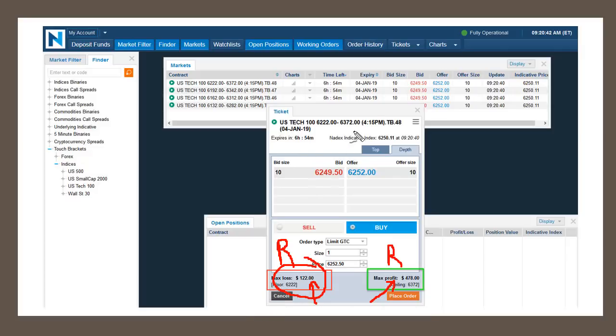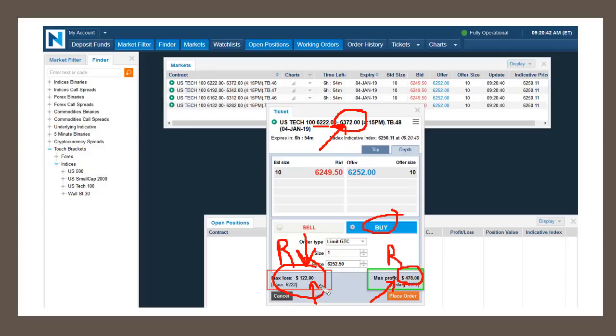If it reaches up and touches the ceiling, because this is a long position, if it touches this number, then you will make $478. Now, if it reaches down and touches 62.22, then you will lose the risk that you paid on entry, which is $122.